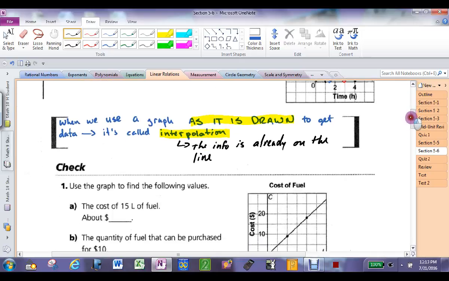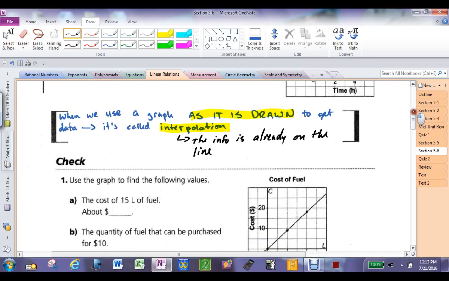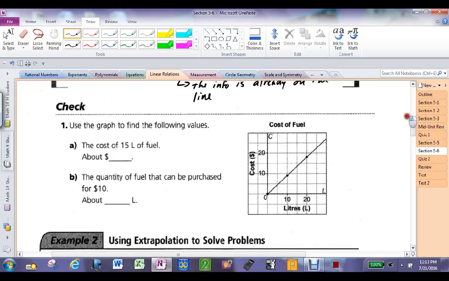So, if the line is there and your information is already on the line, that is interpolation. Remember, the graph tells you two different things. The information you are given exists on one of the axes. The information that you want exists on the other axis.